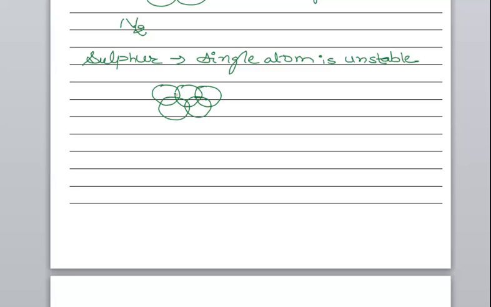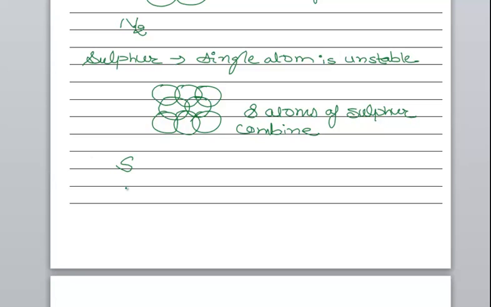How many atoms are there now? 5, 6, 7 and 8. So 8 atoms of sulfur combine and form the sulfur. So how will it be represented?